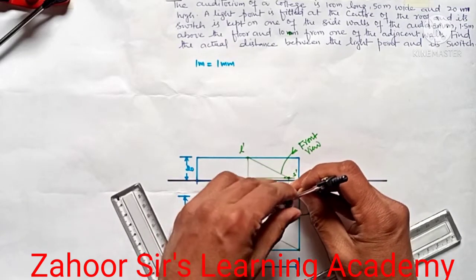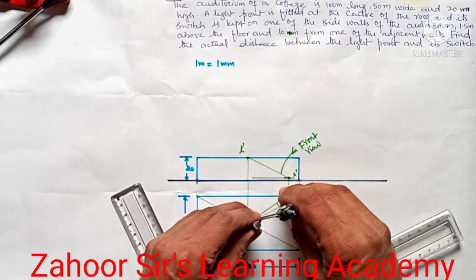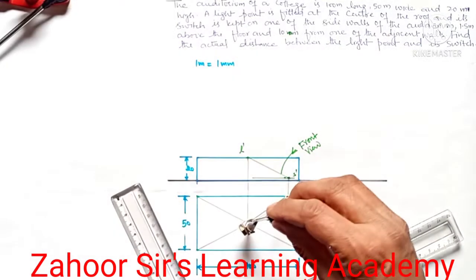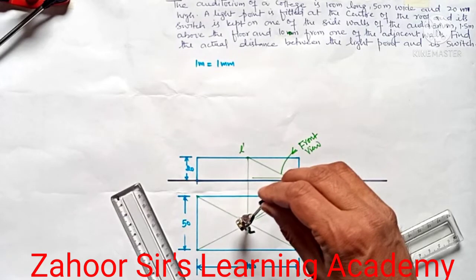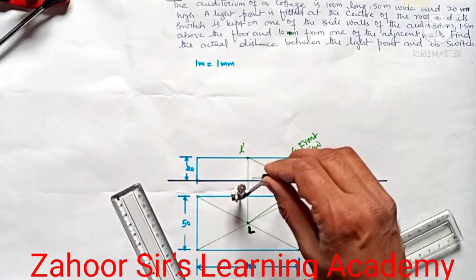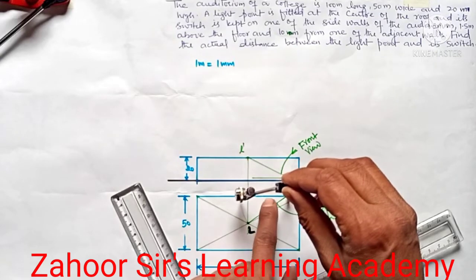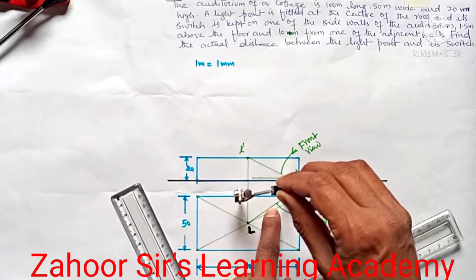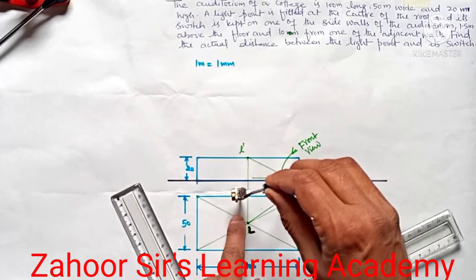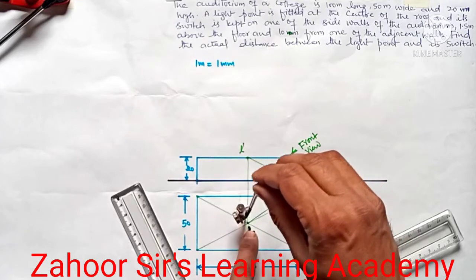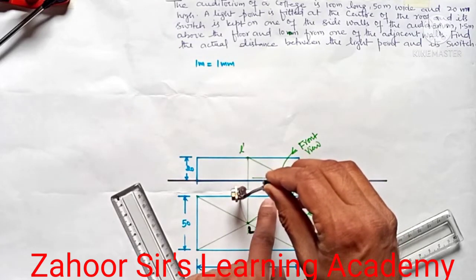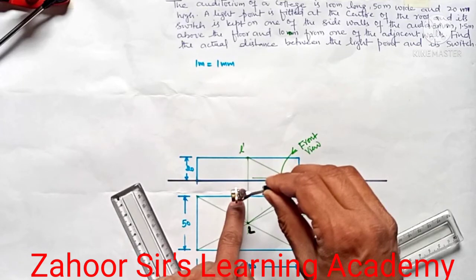Let's keep one leg of the compass at S and the other at L. Now I am rotating this line and cancelling its inclination with this adjacent wall. This arc intersecting with this wall is the locus of S.